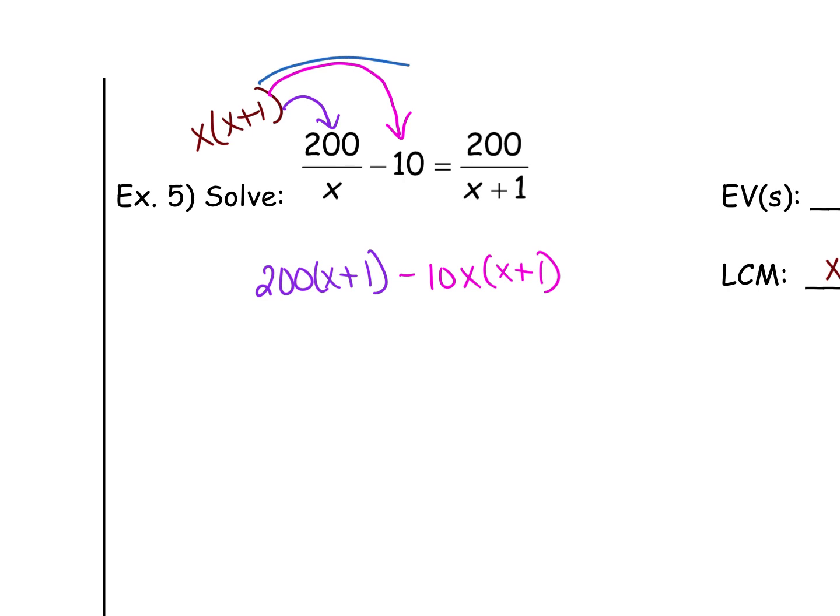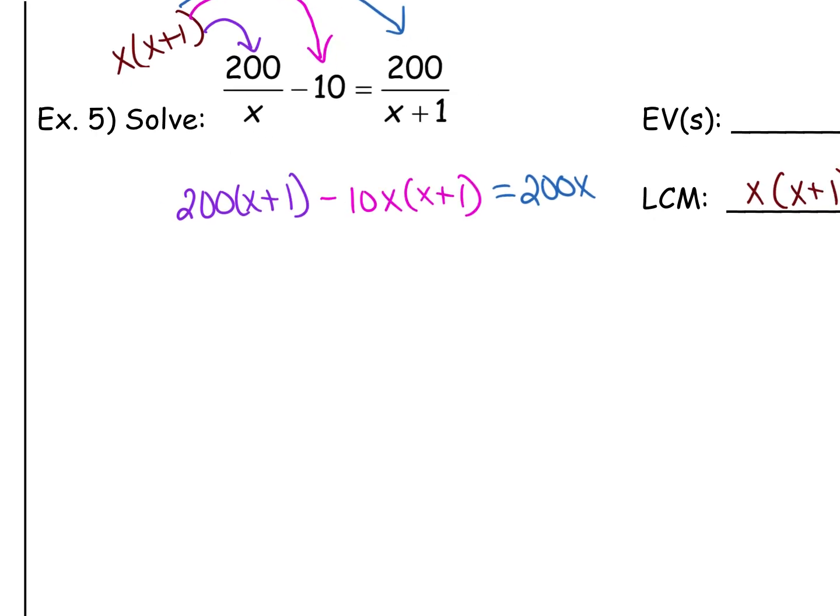And then the last one I'm going to multiply, this one actually has x plus 1. So those would cancel out, but then I still have the x, so I have equals 200x. And then after that, it's just cleaning it up. So we got 200x plus 200 minus 10x squared minus 10x equals 200x.